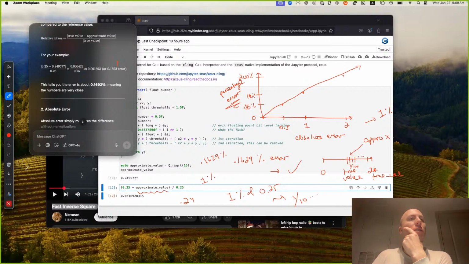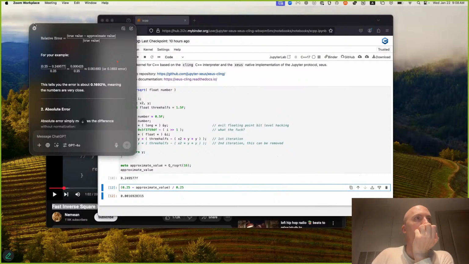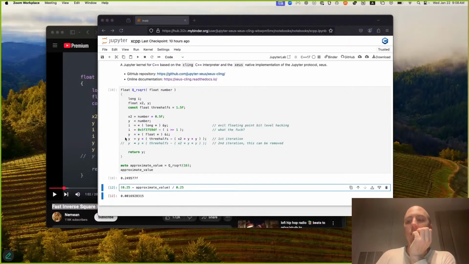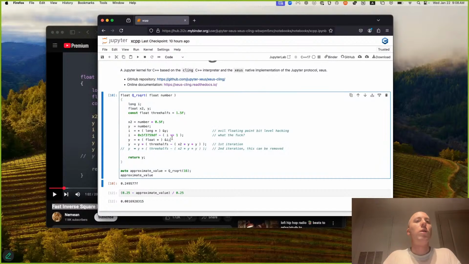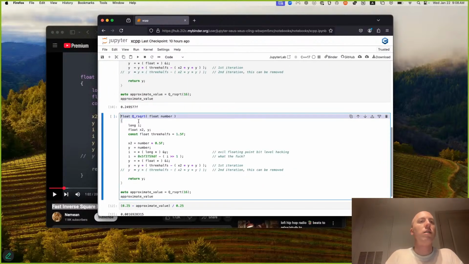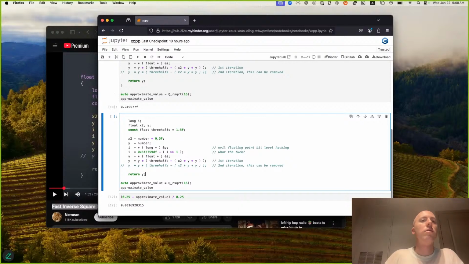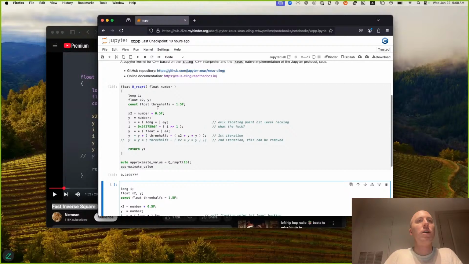All right. So that was a little diversion. So we can go step by step through this function. One way to do it is to take this function and break it up line by line.